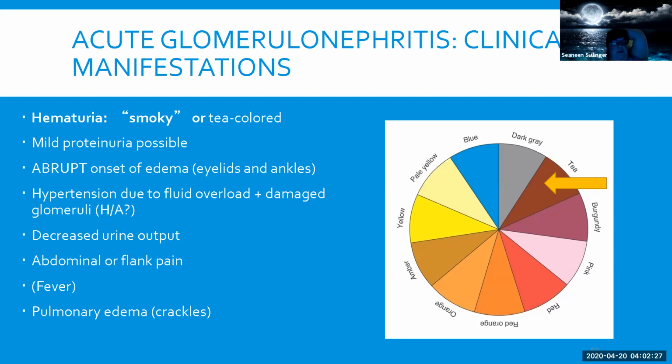Decreased urine output, there could be abdominal or flank pain, often a fever, and then because of the fluid retention, you might hear crackles when doing your respiratory assessment because there's actually pulmonary edema.